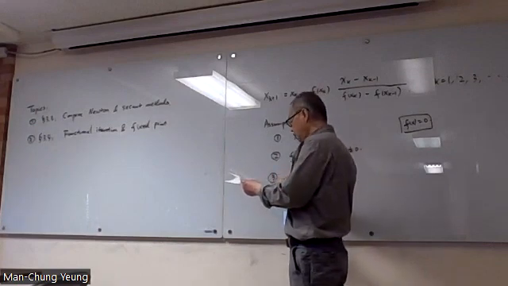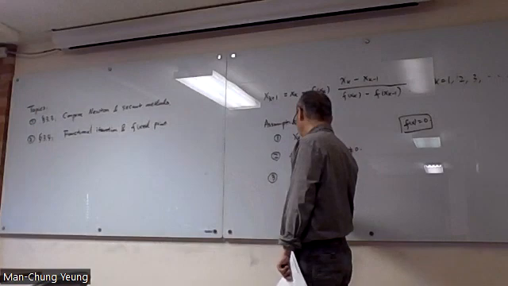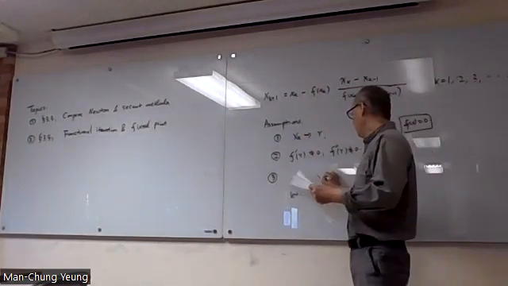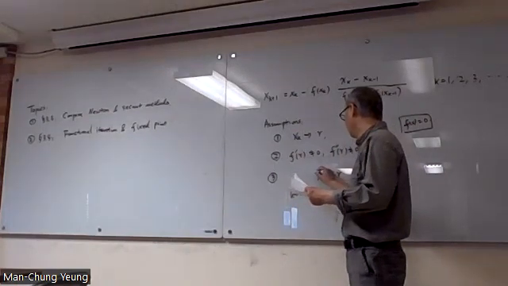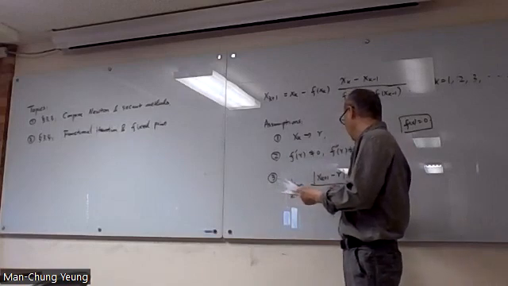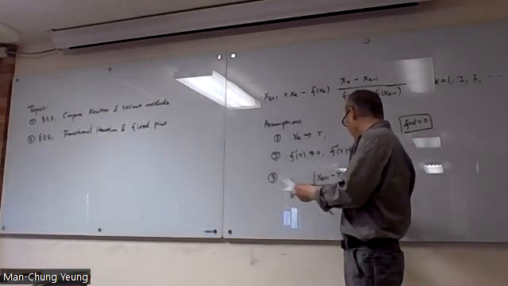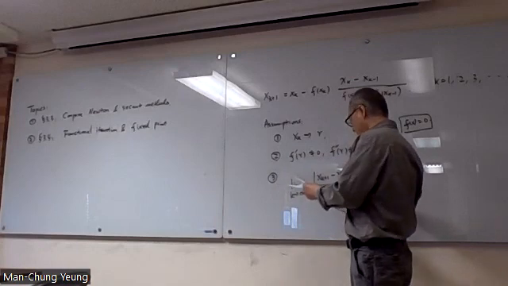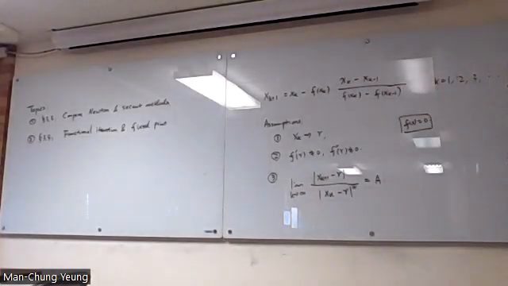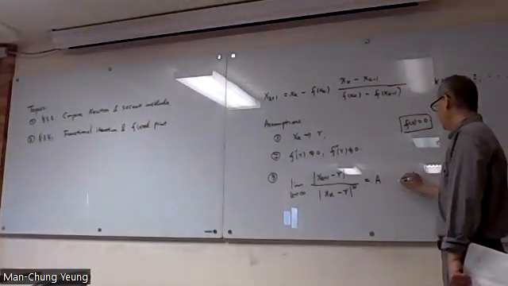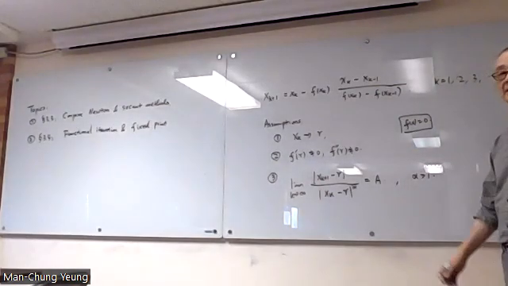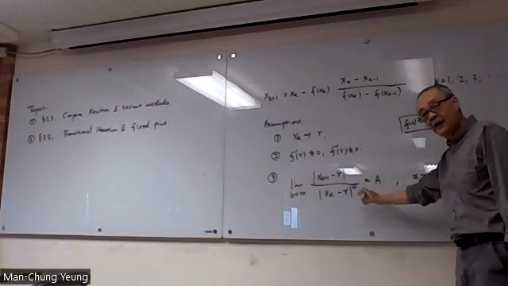And the third assumption: the absolute value of xk plus 1 minus R over the absolute value of xk minus R to the alpha approaches some number A, where alpha is greater than 1. Now, I want to determine alpha.